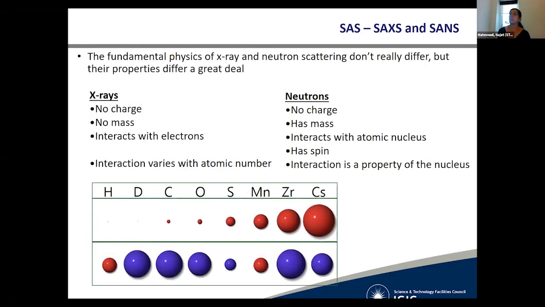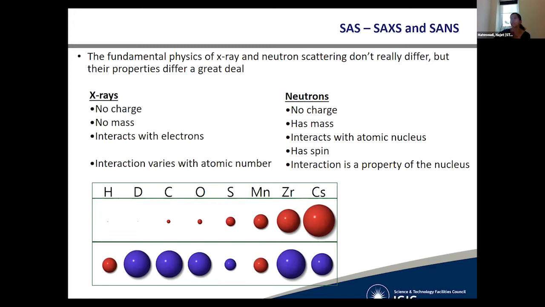As I said, the fundamental physics of X-ray and neutron scattering don't really differ, but the properties of X-rays and neutrons differ quite greatly. As Graham explained at the beginning, both of them have no charge, but while X-rays have no mass, neutrons have a mass and they have a spin, and that makes them quite unique because it allows us to look at the magnetic properties of materials.